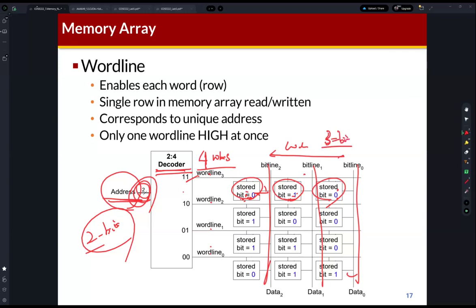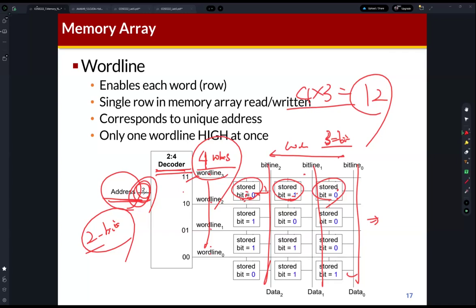And then what is the depth? The depth is 4. So this memory can store 4 multiplied by 3, that is, 12-bit data. We can calculate the depth of the memory using the number of bits in the address.